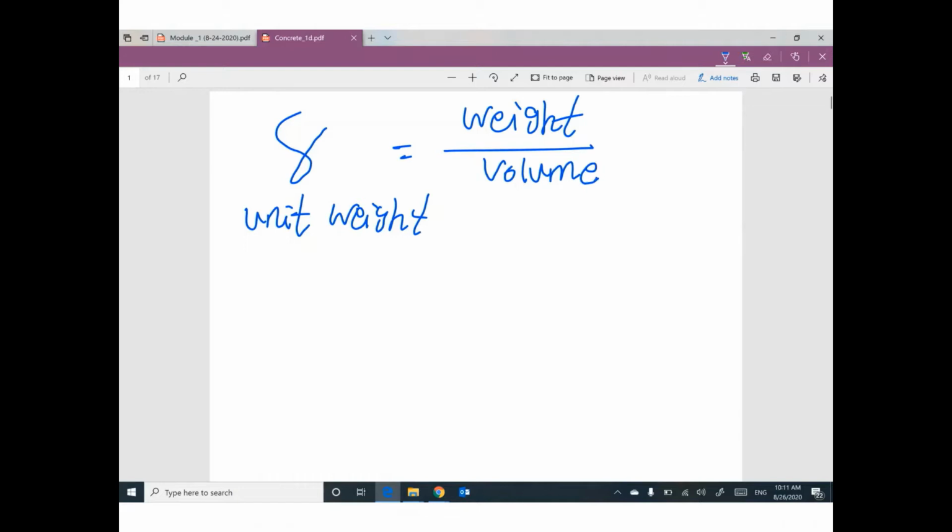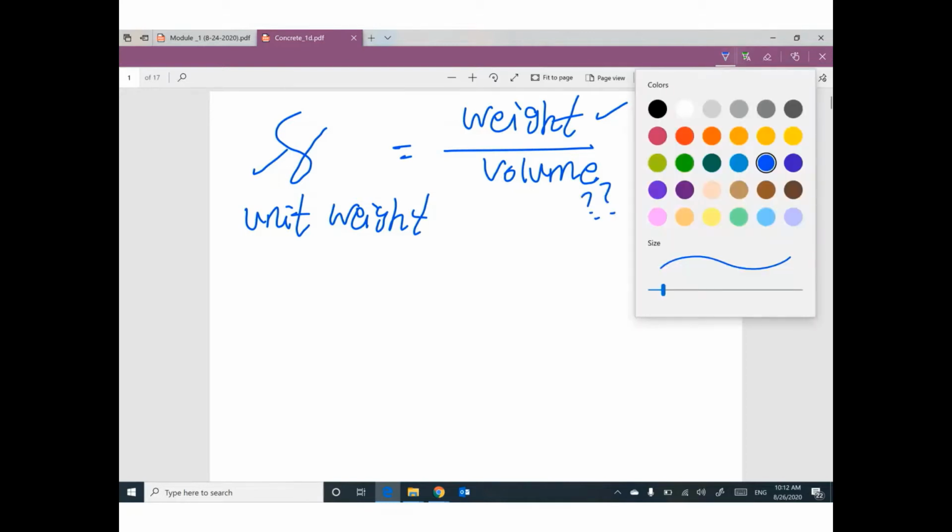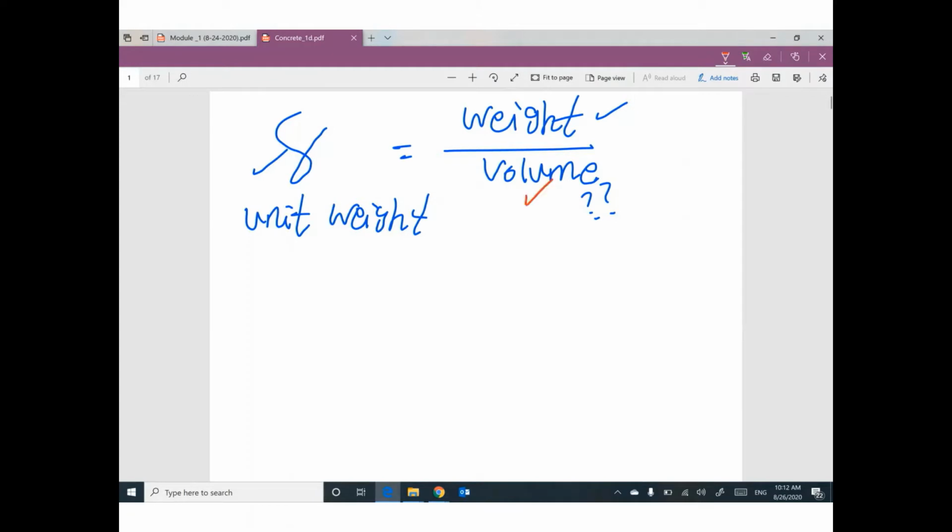So if you have unit weight gamma given, or you can figure it out, and you know the weight of this material, I can tell you the volume. Or if you know the volume and you know gamma, I can tell you how much weight for this material. So unit weight equals weight divided by volume.